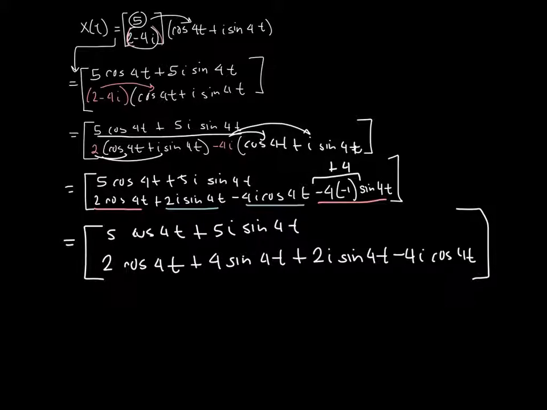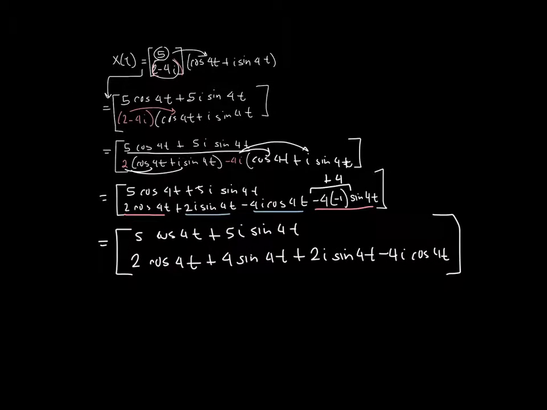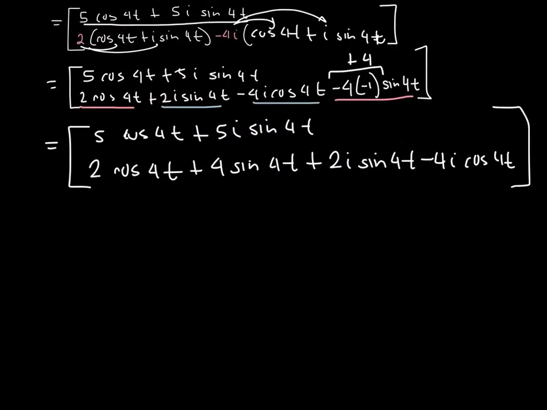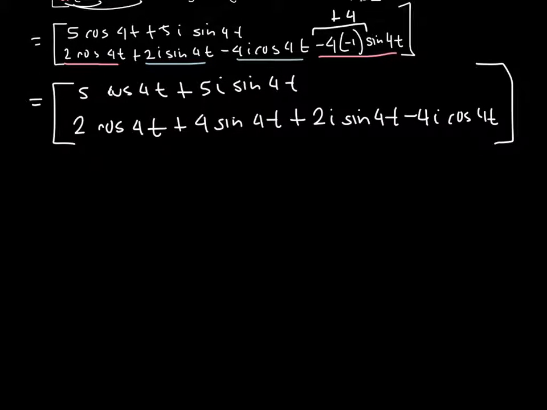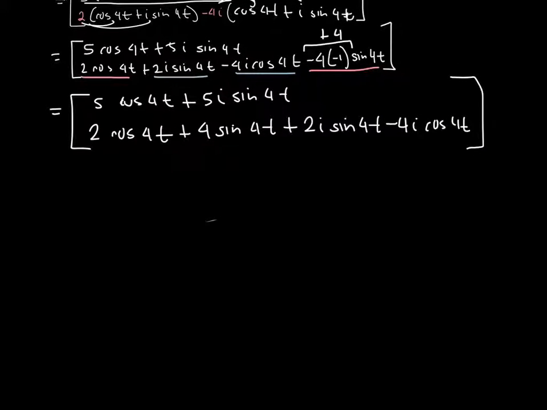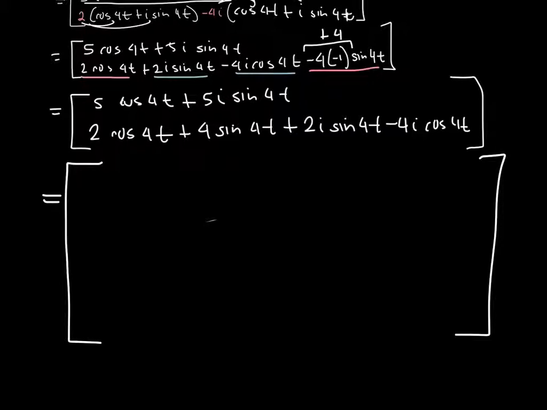So we really have our solutions. It's basically the first row and the second row, but you want to break it up again into real and imaginary solutions. Let's draw a really big matrix here. Think of two columns: a real part and an imaginary part.